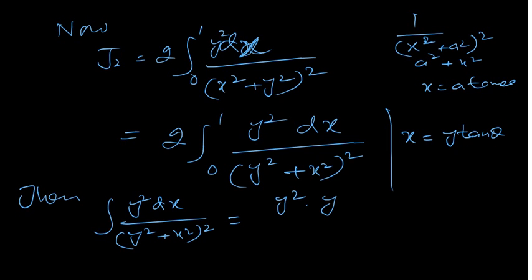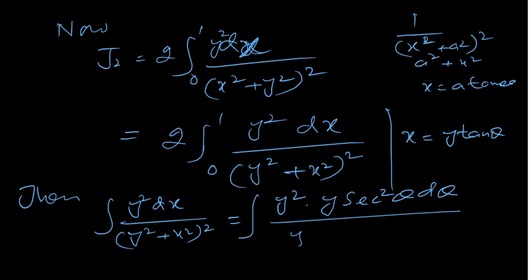Y is constant, so dx is y sec squared theta d theta. The denominator is y squared plus x squared, which is y squared plus y squared tan squared theta, and then it's the whole square.